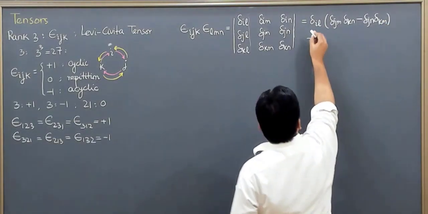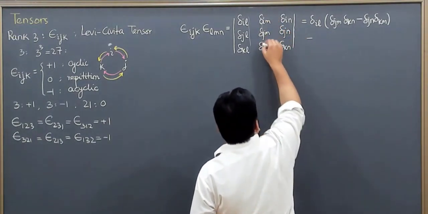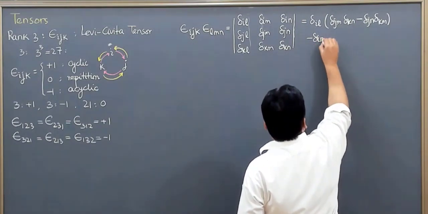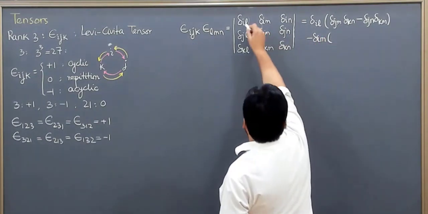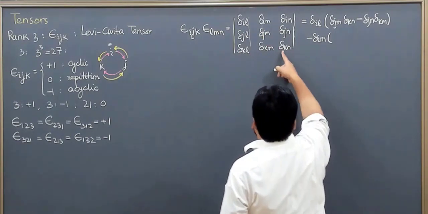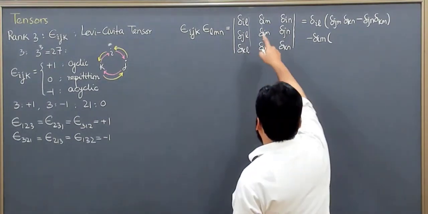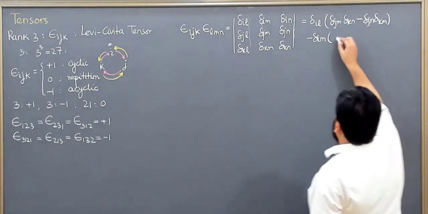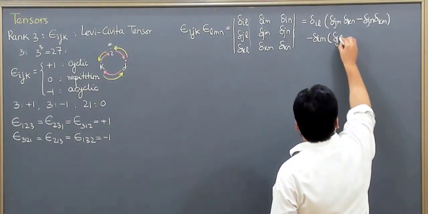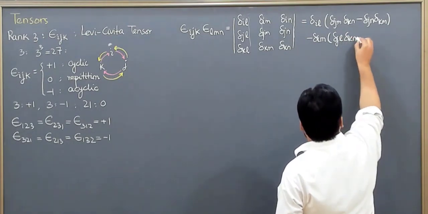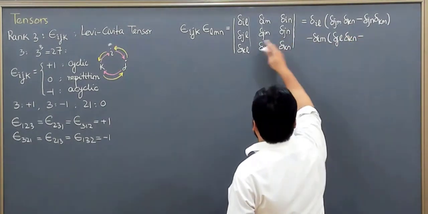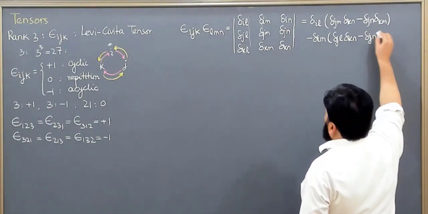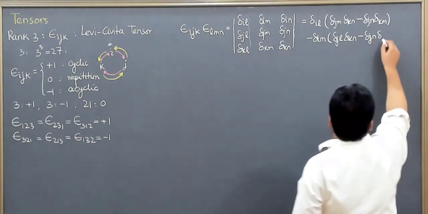Minus, the next column: delta im times delta jl delta kn minus delta jn delta kl.